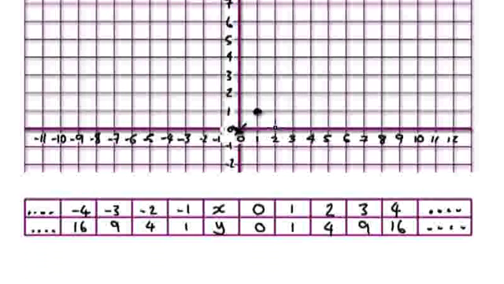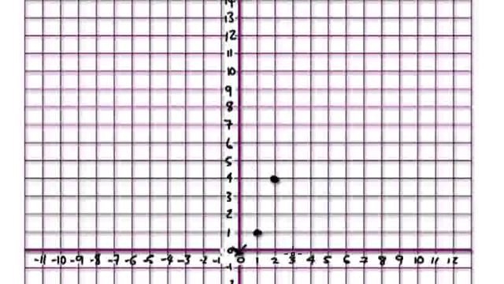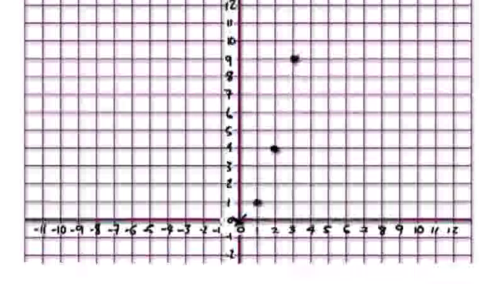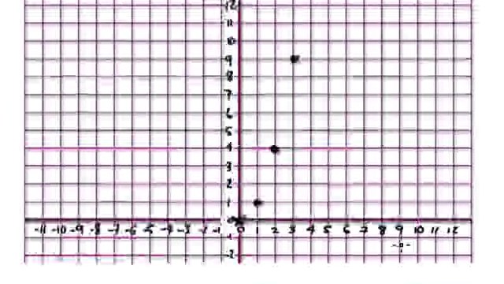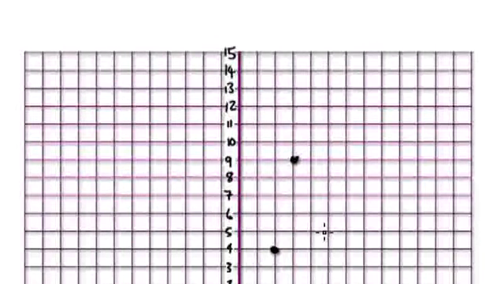Well, when x equals 2, y equals 4. So it's right here. When x equals 3, y equals 9. So it's here. Okay, and when x equals 4, y equals 16. So it's all the way up here somewhere.